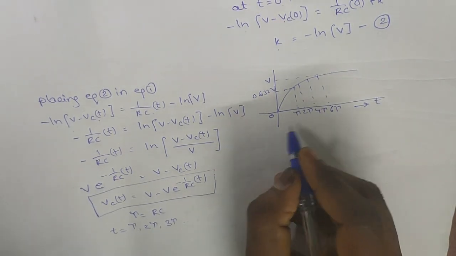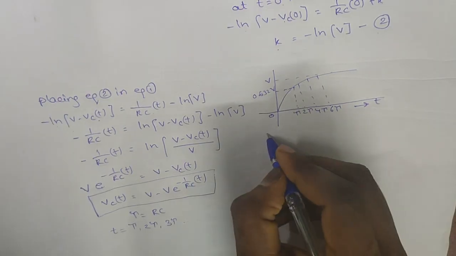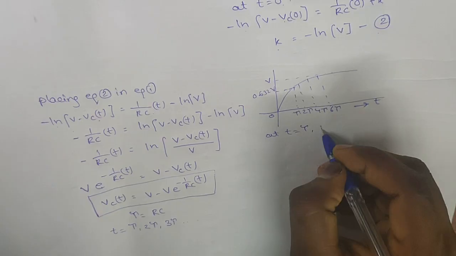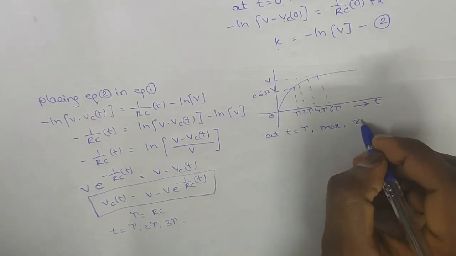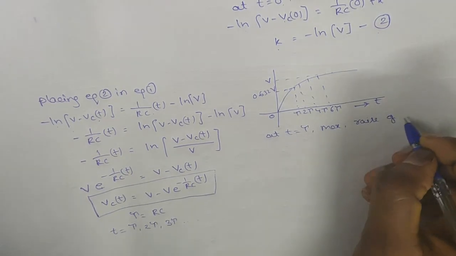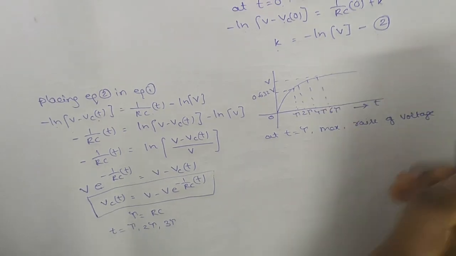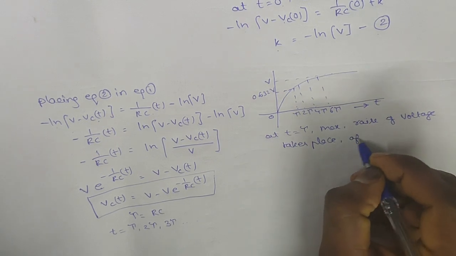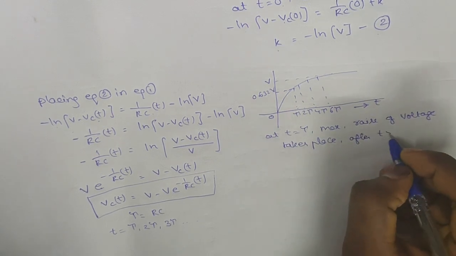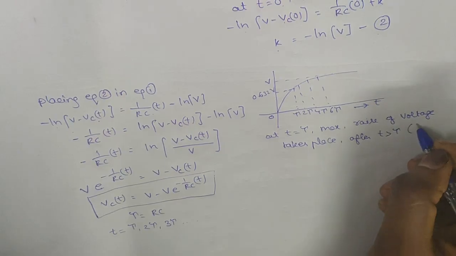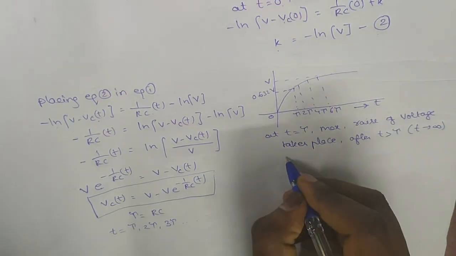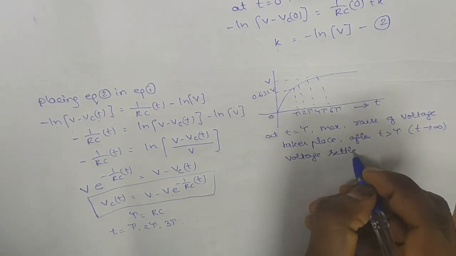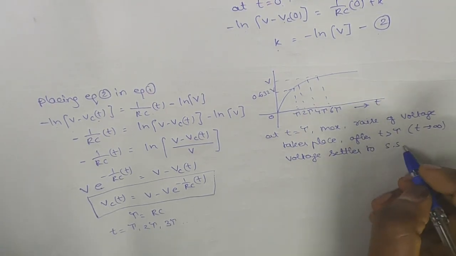So from this it is clear that at t equal to tau, maximum rise of voltage takes place. After t greater than tau, or t tends to infinity, the voltage settles to the steady state value.